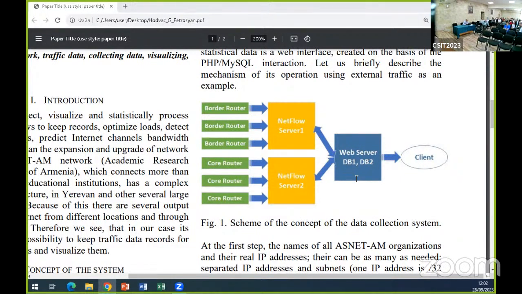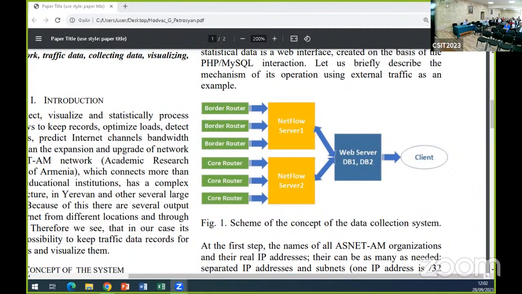Backbone is just a line of routers from the border. On the border, we have a border router, and after that information goes to our network.